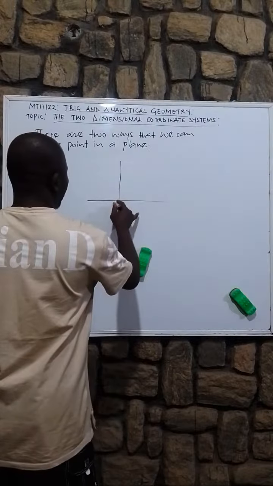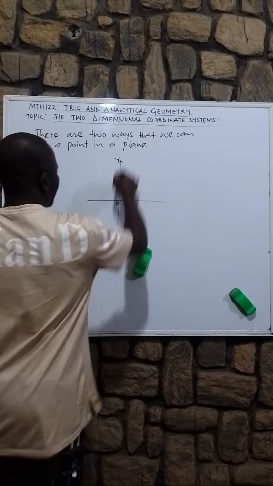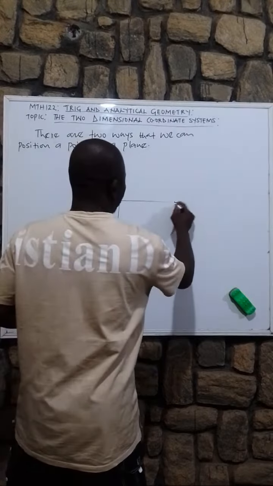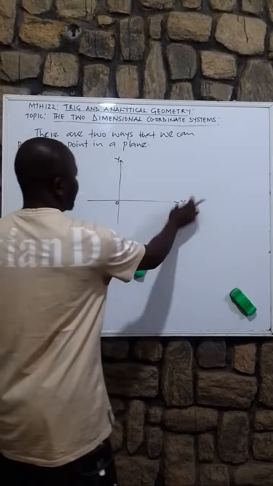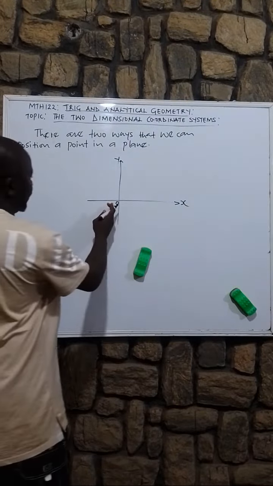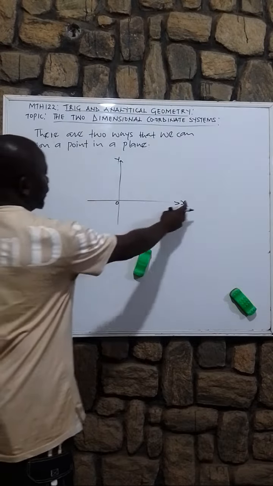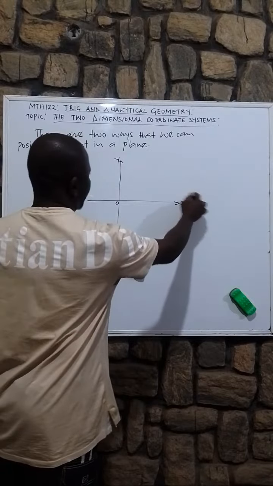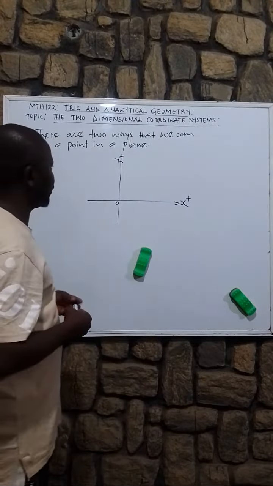So here we have 0, the origin, and this is the x-axis and this is the y-axis. Beyond this side, the x-axis is positive and the y-axis is positive.